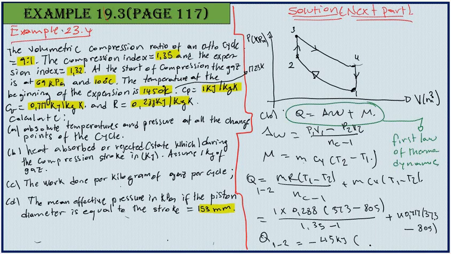That means heat is being rejected, not added. So when the compression takes place from 1 to 2, heat is rejected because we have a negative value. If it was positive, like from 3 to 4, if we calculate Q, we are going to realize that it is positive. So that means heat is being added. But in this case, heat is rejected.